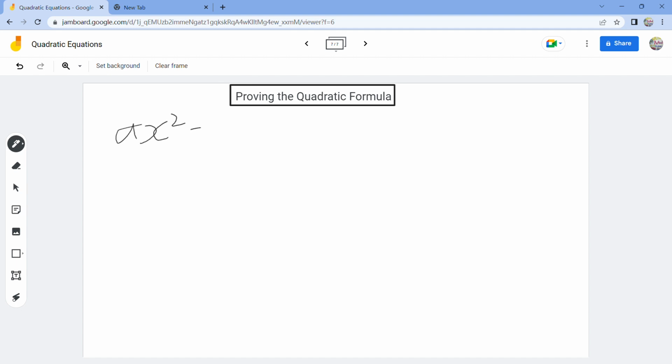That's absolutely absurd. But today I'm going to show you, using the factoring method, how we can prove the quadratic formula. Afterwards, I'm going to be like, ta-da, okay? So this obviously comes in the form ax squared plus bx plus c equals 0.